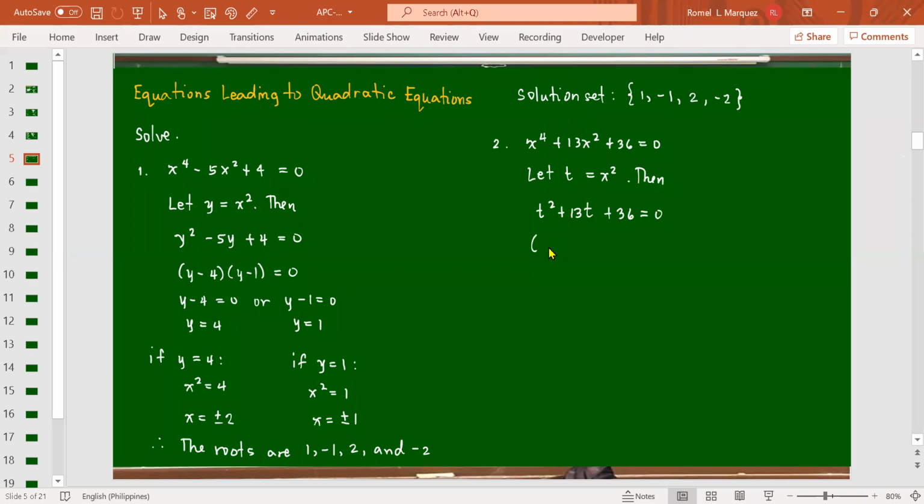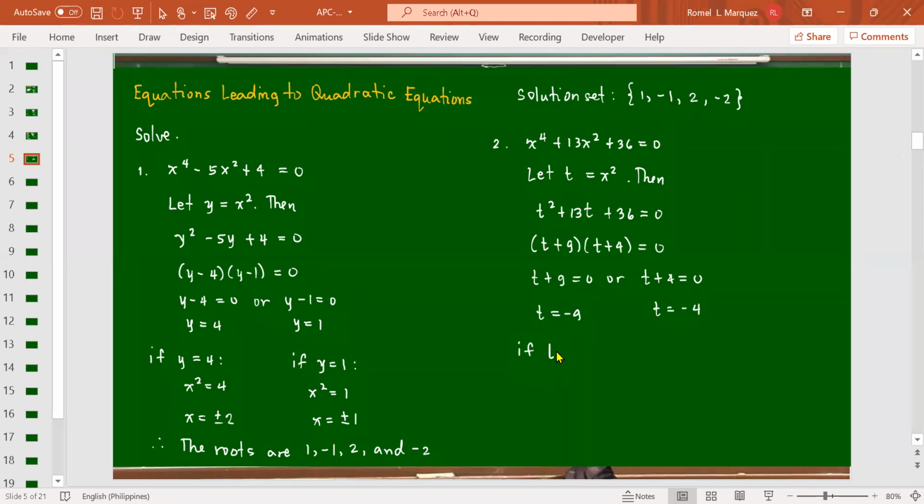Let's see if this is factorable. We have (t plus 9)(t plus 4) is equal to 0. Equate each factor to 0. So t plus 9 equal to 0 or t plus 4 is equal to 0. Therefore, t is equal to -9 or t is equal to -4.